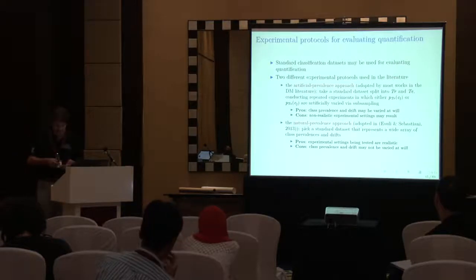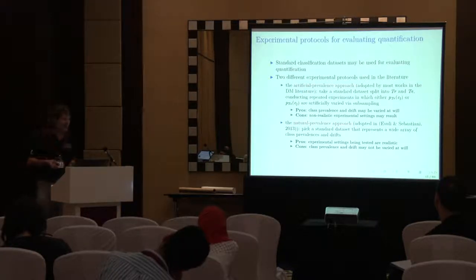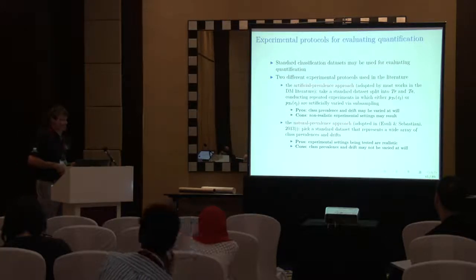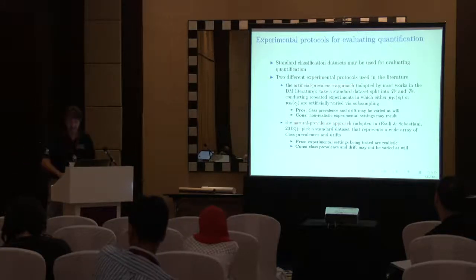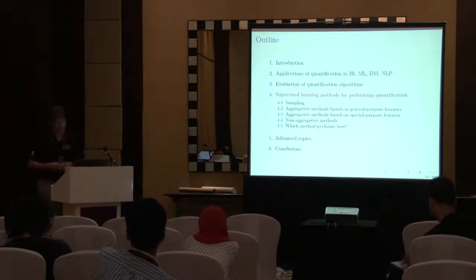The con is that you cannot vary these drifts or class prevalences at will, but the pro is that the experimental settings tend to be realistic, because they are embodied in a true dataset which represents a real-life application.